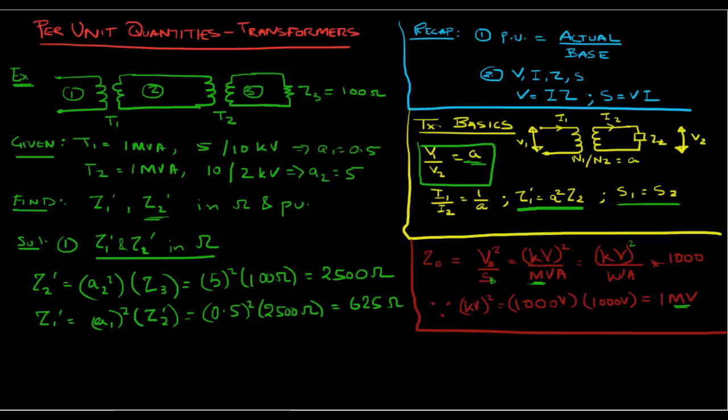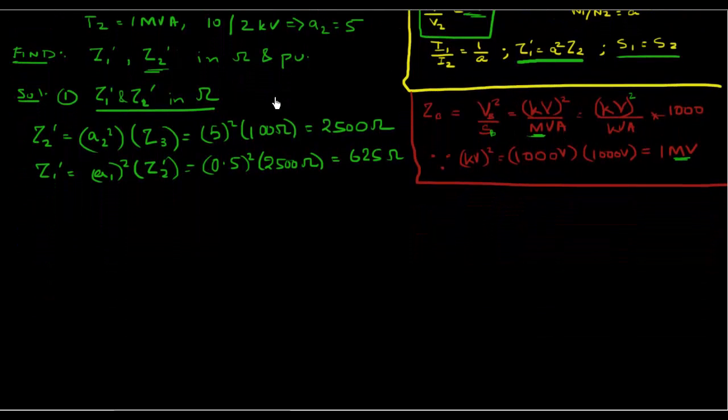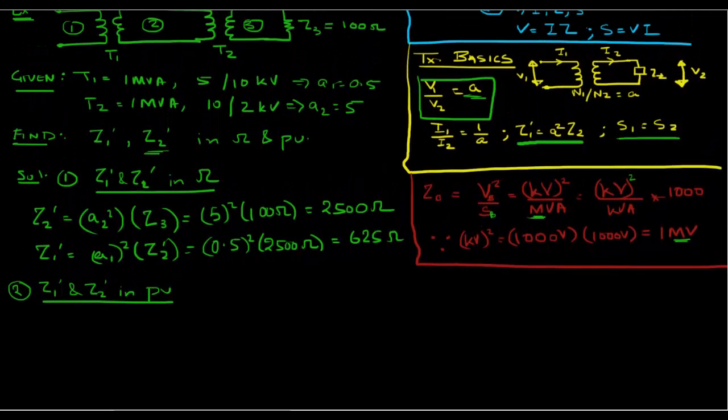All right. So we've done the first part of what we were required to do, to find these two quantities in ohms. Now let's do the second part where we define these two quantities in per unit. To define anything in per unit, we need to first define the base values.